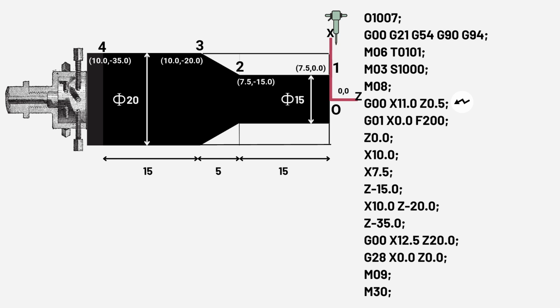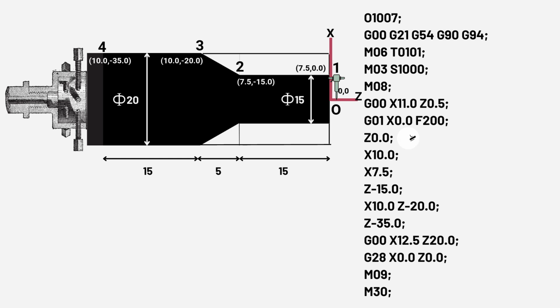Now the machining operation will commence, so the G01 command is invoked, since it's obviously a linear interpolation, and the tool is shifted to datum by using the command X0.0. We need to provide a feed rate as well, so we will use F200 for 200 mm per minute feed rate.